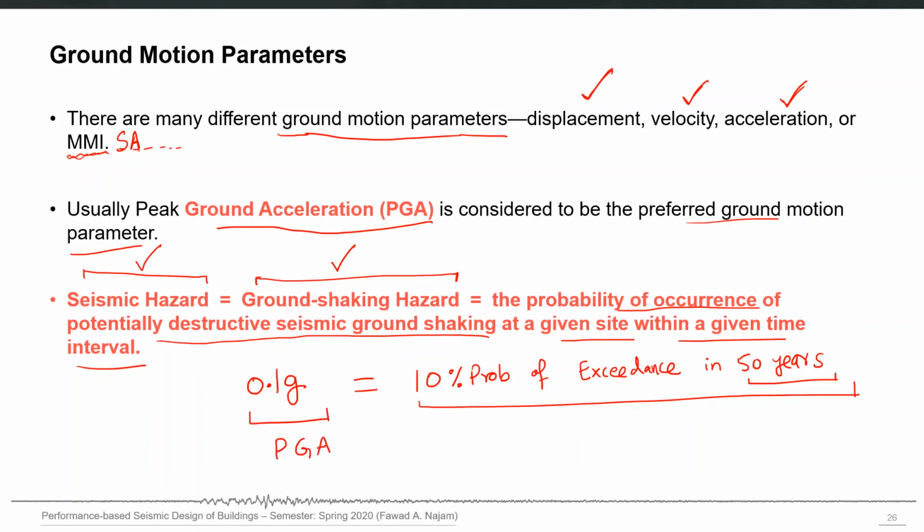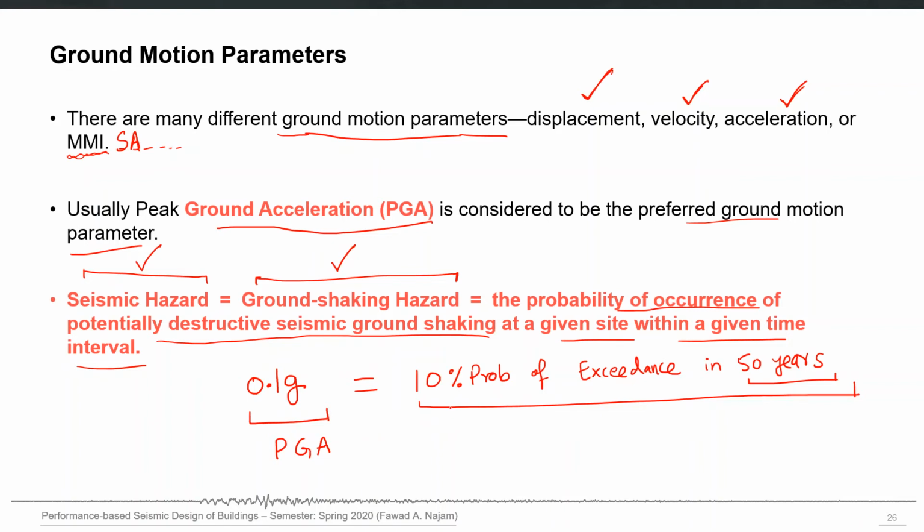So if I say that 0.1 g PGA is at my site corresponding to this definition of ground shaking hazard, which is 10% probability of exceedance in 50 years, it simply means that the probability that in the next 50 years my site will experience a ground shaking more than this number, 0.1 g, is 10%. So I repeat again: the probability of having a PGA more than 0.1 g is 10%.